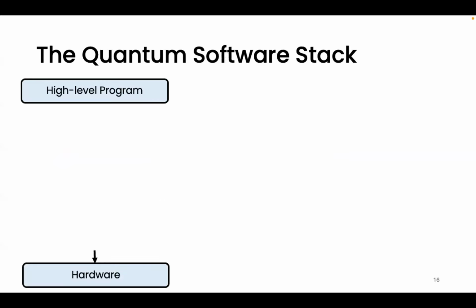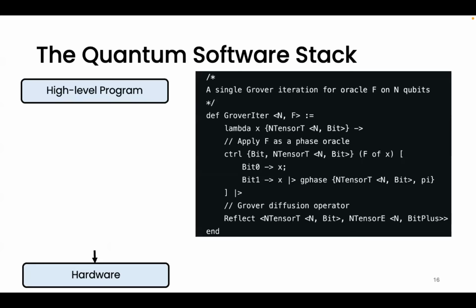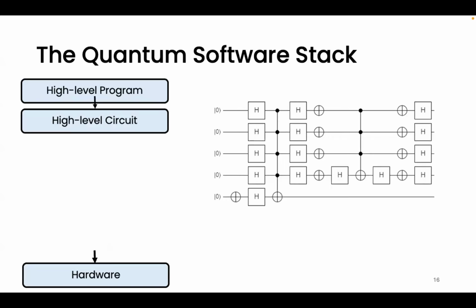Since we have these devices coming, let's talk now about the software that you need to interact with quantum computers. On one hand, you have a high-level program, something like this, which is the algorithm that I'd like to execute. Given something like this, we need to convert it into a quantum circuit, which might look something like this.